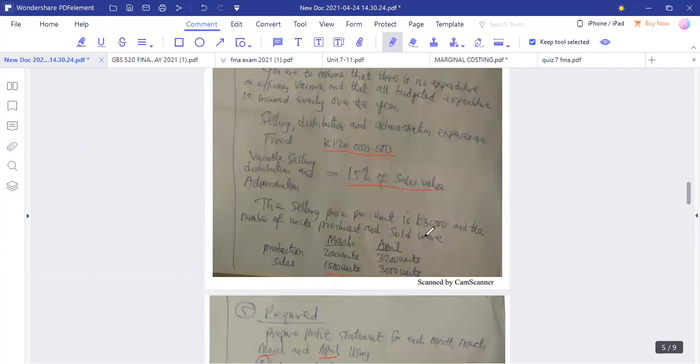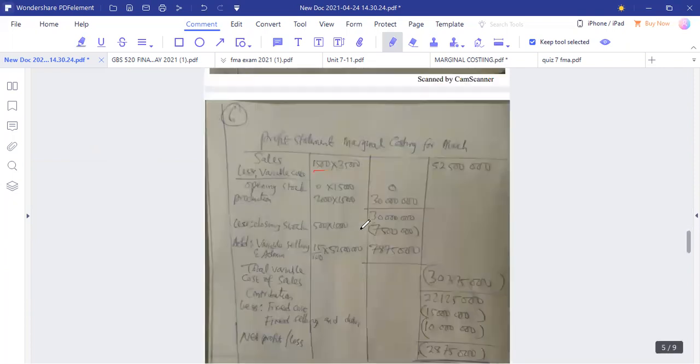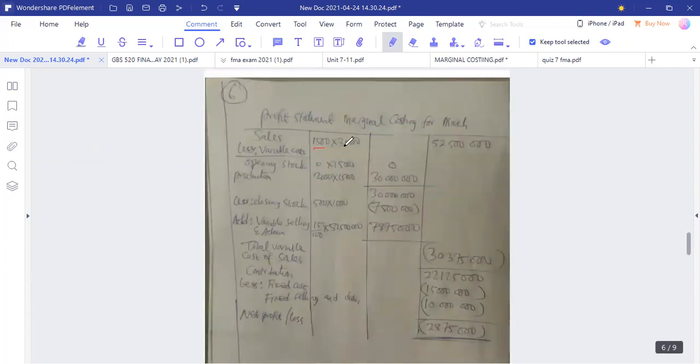It has been stated in the question that the selling price per unit is 35,000. And we only sold 1,500 units in the month of March. So we can just put here 1,500 multiplied by 35,000. You're getting 52,500,000.